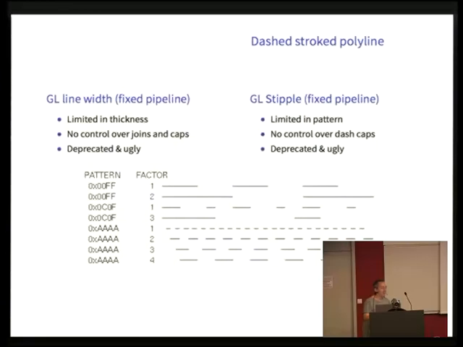First, it's deprecated and it's just ugly, because you have no control over the joins and the caps, and you are limited in the line width. And anyway, it doesn't exist anymore. For the dash pattern, you have only the stipple properties that allow you to do some kind of line stippling this way. Again, it has been deprecated, and it was also quite ugly. No control over dash and caps.